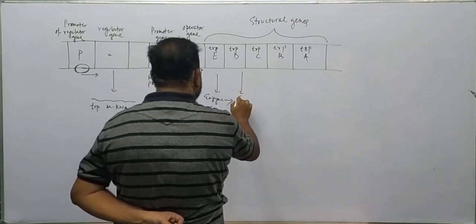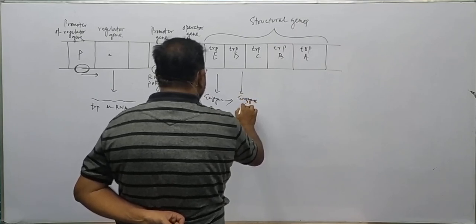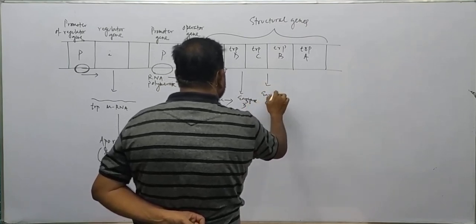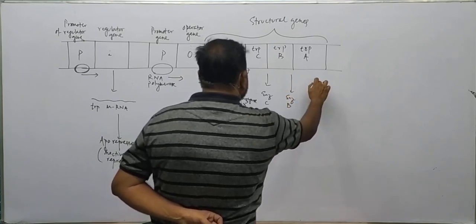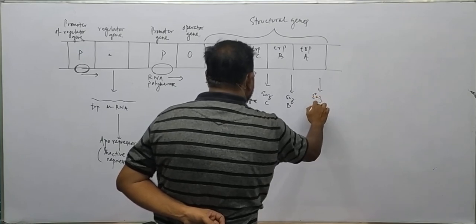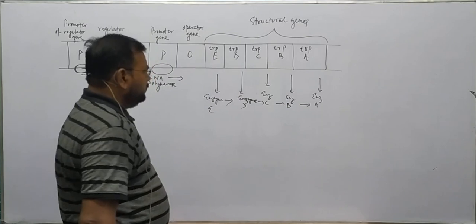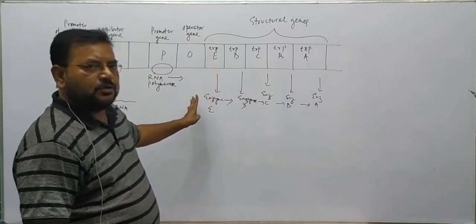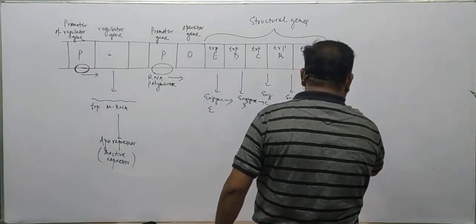Trp D produces enzyme D, trp C produces enzyme C, trp B produces enzyme B, trp A produces enzyme A. So this will occur in a series manner. The 5 types of enzymes control the 5 steps in the chain reaction. Ultimately, the end product is produced, that is tryptophan.